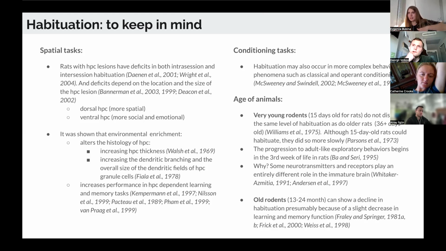They explore less. That's why they cannot explore enough to habituate. They don't sample enough information in order to habituate. Over time, they will do the same, but they need way more time to habituate because they need way more time to explore everything. And if it's spatial habituation, like an open field, they should spend more time to build that cognitive map.